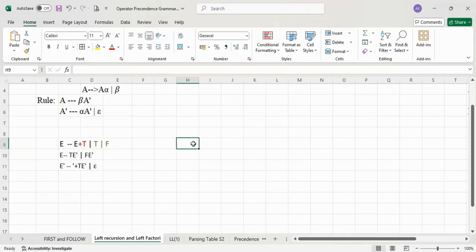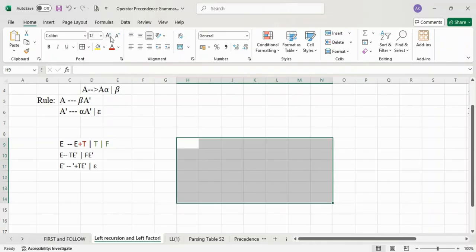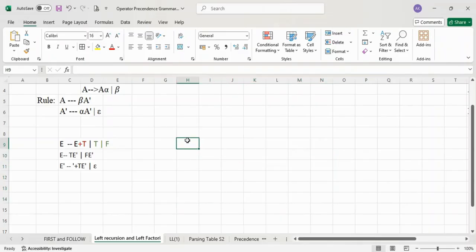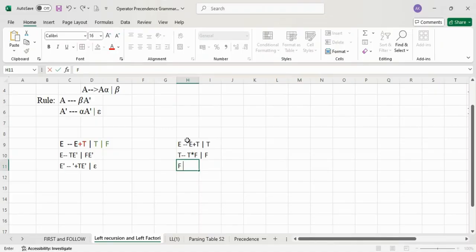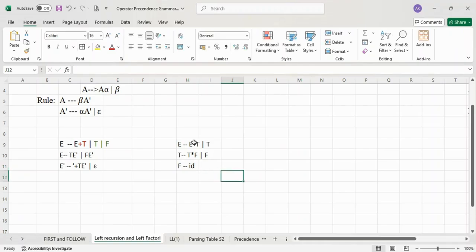I'll take one more example here so that it is more clear to you all. Let us take this example. Say for example, E giving E plus T or T, T giving T star F or F, and F giving ID. Now if you observe, first identify where the left recursion is. So yes, this E and E are similar symbols.